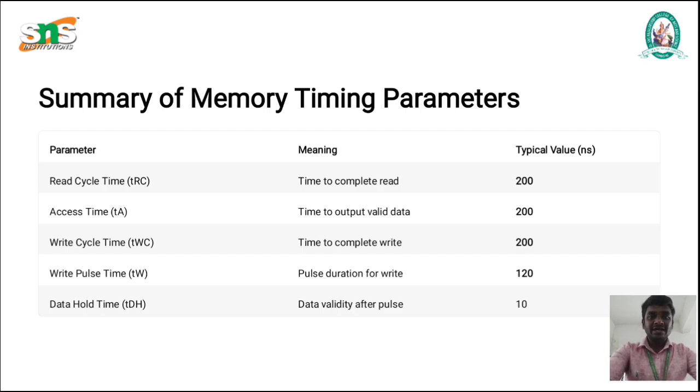We can summarize the memory parameters: read cycle time, access time, write cycle time, write pulse time, and data hold time. TRC means time to complete a read operation. Access time is the time to output valid data. Write cycle time is the time to complete a write, approximately 200 nanoseconds.